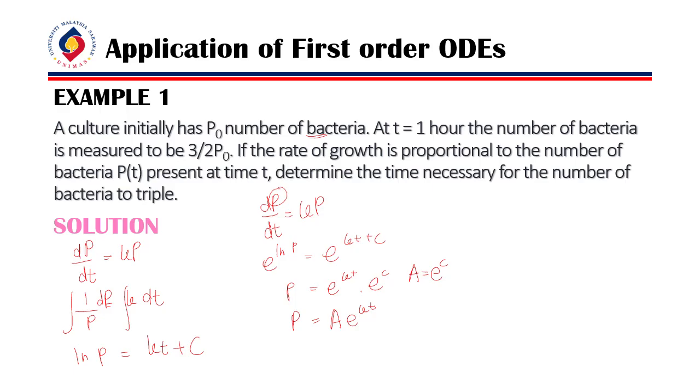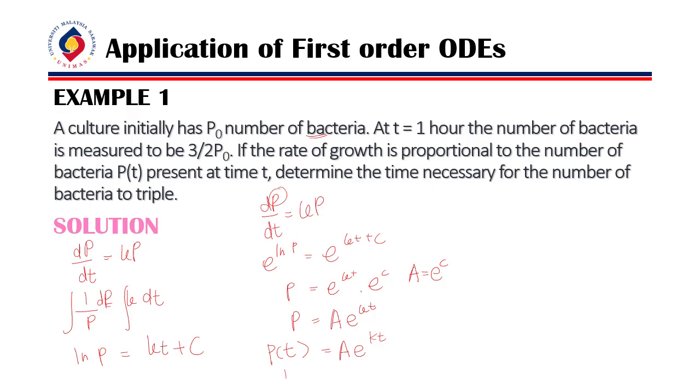So this is when we consider P, the population at time t. So we consider e^(kt). Let's say we consider the initial time, t equal to 0.